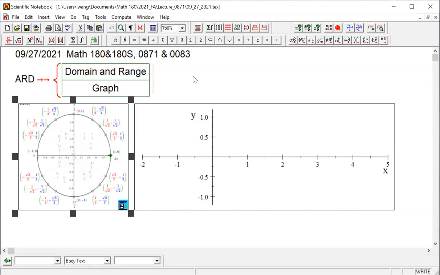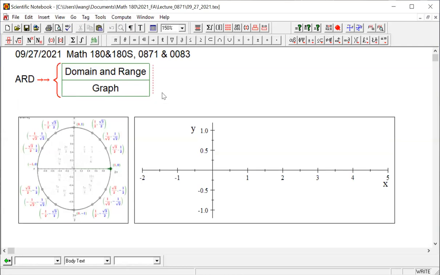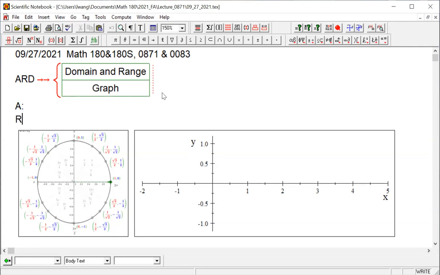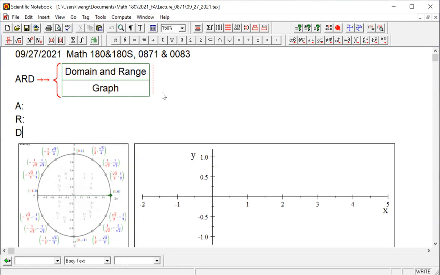All right, domain and range, right? From my investigation, I think most of you are pretty familiar with the unit circle, and we have explained why we eventually come down to the unit circle. Let's recall what is A, what is R, and what is D. ARD.